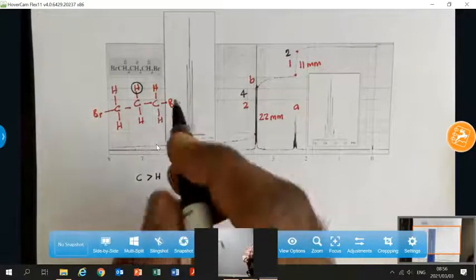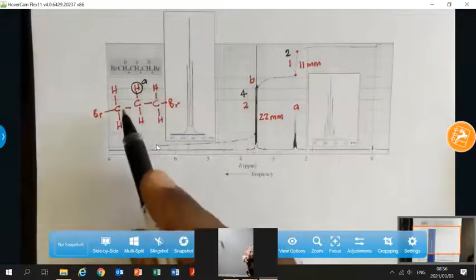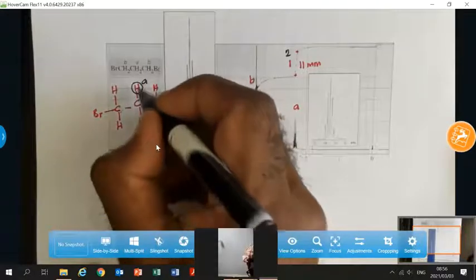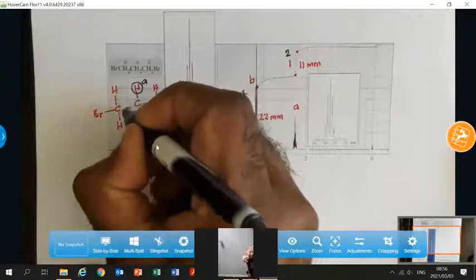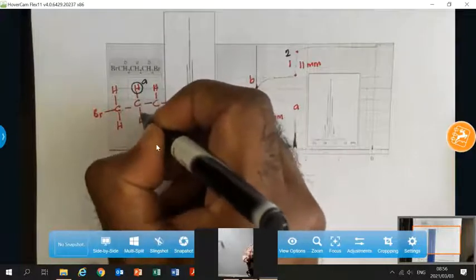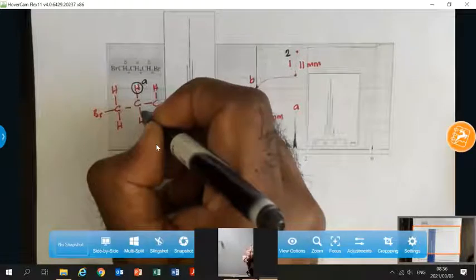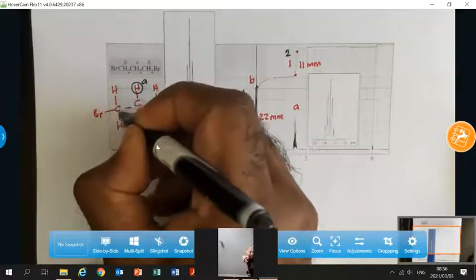So I have this that I'm calling A, the carbon. I've got two carbons here that are bonded to the carbon where the hydrogen is. So I'm looking at the hydrogen bonded to the carbon, and then I look at the carbon and see what is bonded to that particular carbon. You see I'm going 1, 2 bonds away, 1, 2 bonds away, 1, 2 bonds away, and looking at the atom, right?